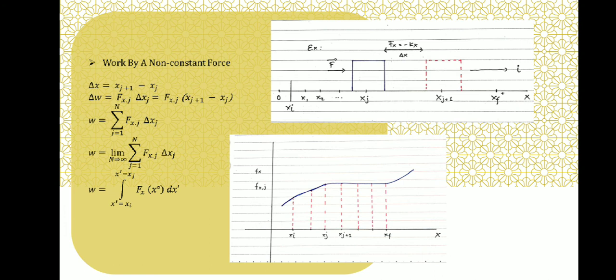Graphically you see there is a slight error where the function develops, that's our error. But in the limit as n becomes infinite, the error becomes smaller. So the work is the area under the force versus position curve between initial and final. That is our generalization of the definition of work.